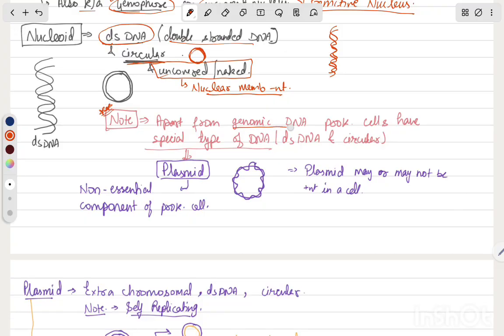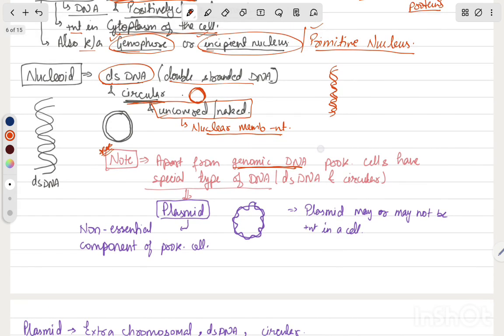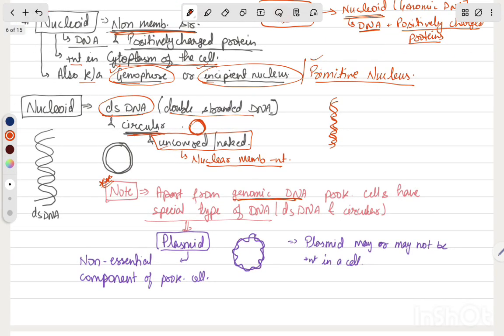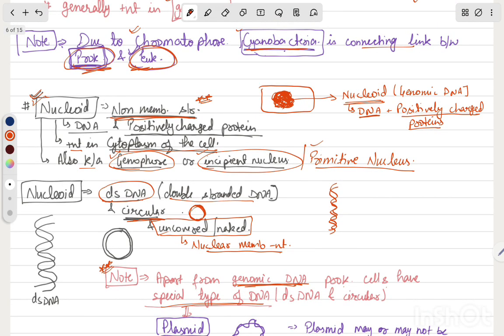Apart from genomic DNA, this nucleoid is genomic DNA, right? Apart from this genomic DNA, prokaryotic cells have a special type of double-stranded circular DNA, and that double-stranded circular DNA is the plasmid, right?